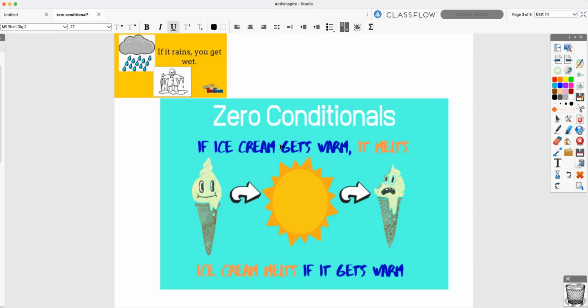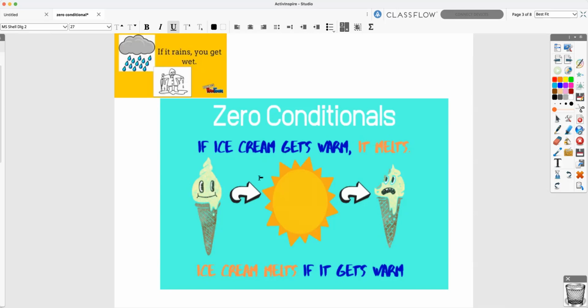Si el helado se calienta, ¿sí? O se expone al calor, get es el verbo, por eso tiene S, porque estamos hablando de la tercera persona. If the ice cream gets warm, comma, it melts. Entonces, este se derrite con S porque estamos hablando de una tercera persona, ¿de acuerdo?